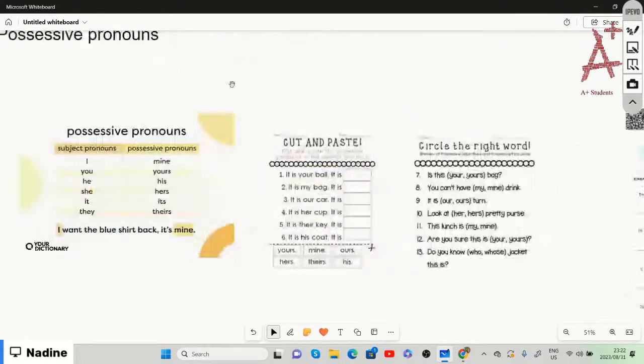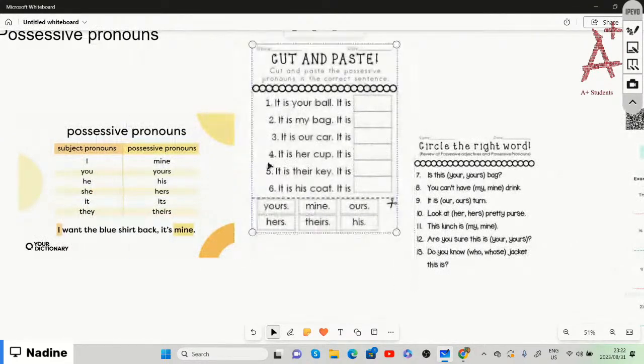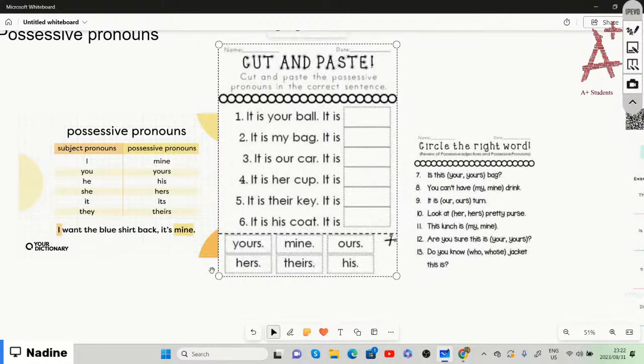So now we're going to do a few examples. We are going to choose the correct possessive pronoun from the box below, which is yours, mine, ours, hers, theirs, and his, right?